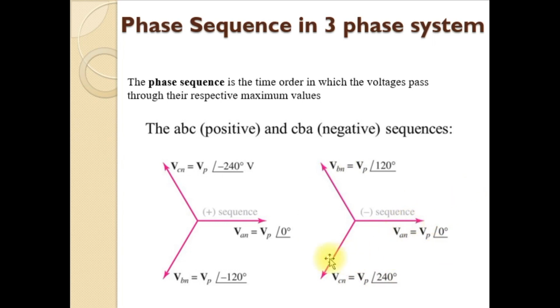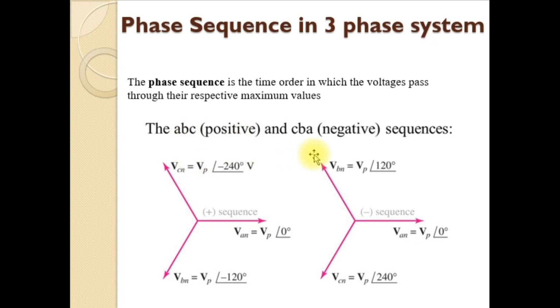So in case of a positive sequence, the phasor representation of the voltages will be VAN is equal to VP angle 0 degree, then comes VBN with VP angle minus 120 degrees, and VCN is equal to VP angle minus 240 degrees if positive sequence or ABC sequence is considered.